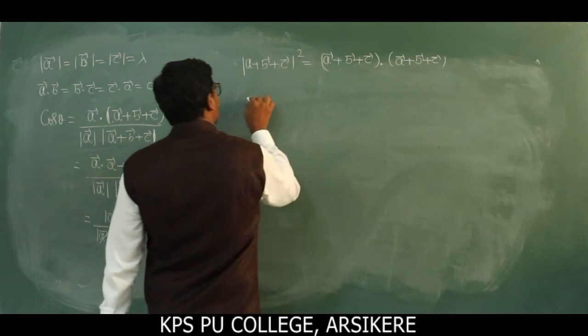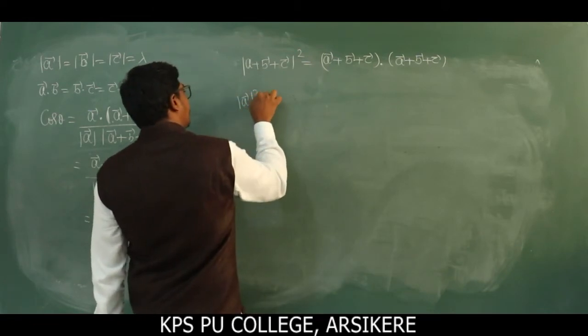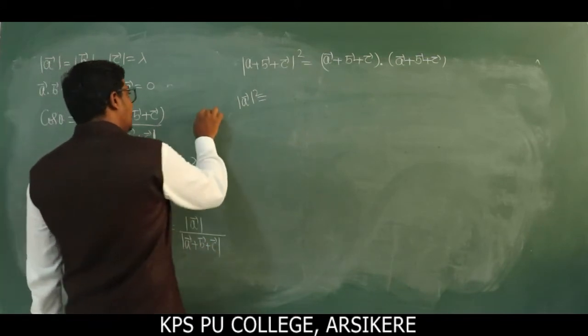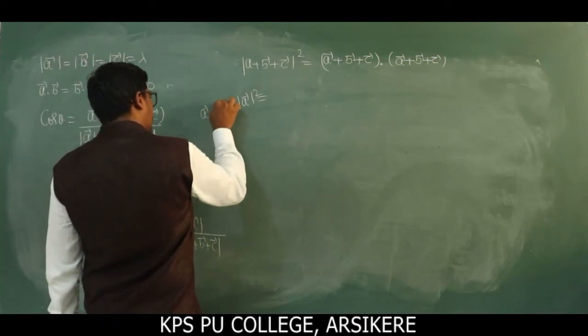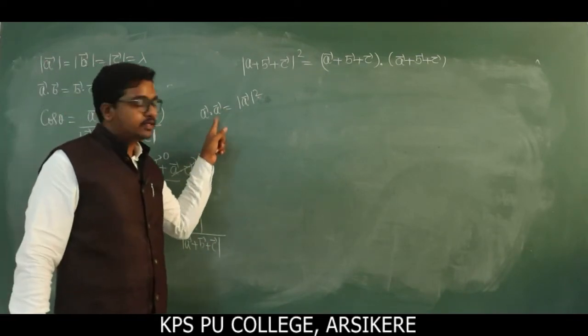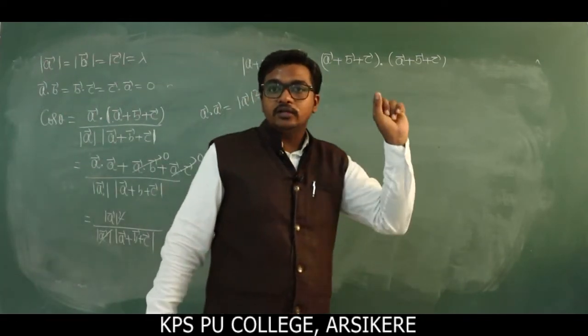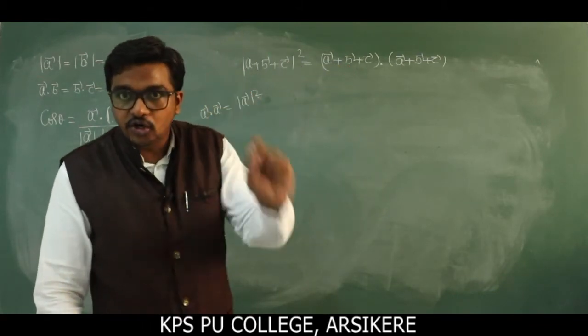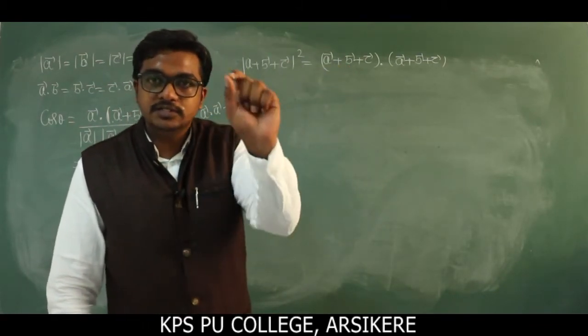Because mod of vector A whole square is A dot A, which is equal to mod A whole square. Hence mod A whole square can be written as A dot A. That's why the magnitude of vector A plus B plus C whole square can be written as (A plus B plus C) dot (A plus B plus C).